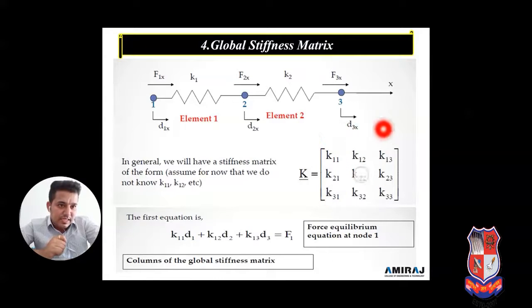This is the matrix arrangement, and as per the first equation, the force equilibrium equation of nodal number 1, it is a parallel system. Then K11 D1 plus K12 D2 plus K13 D3 is equal to F1. Due to that we can find out the particular F1, F2 and F3. It is nothing but the force at each and every element.